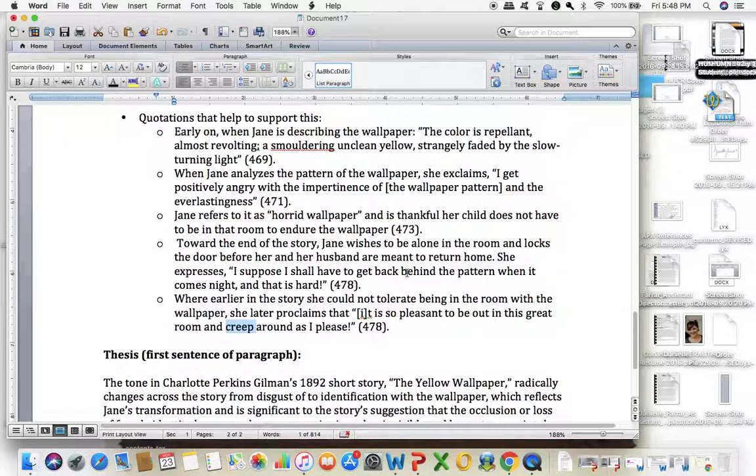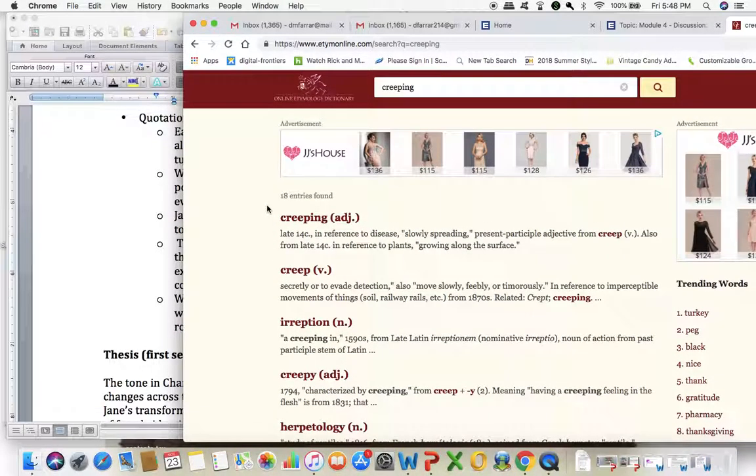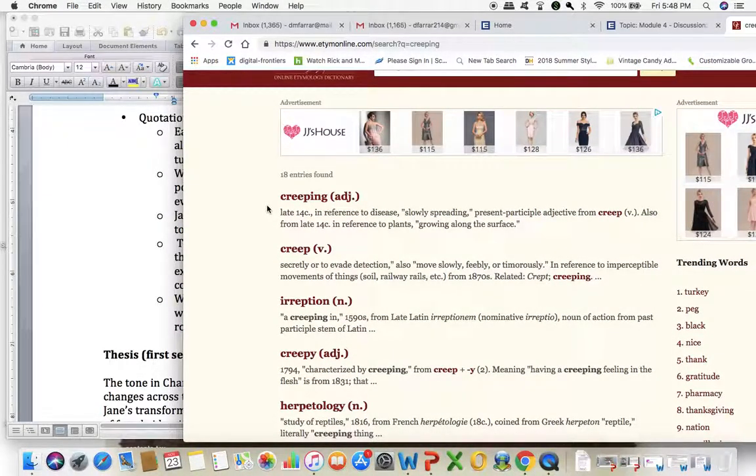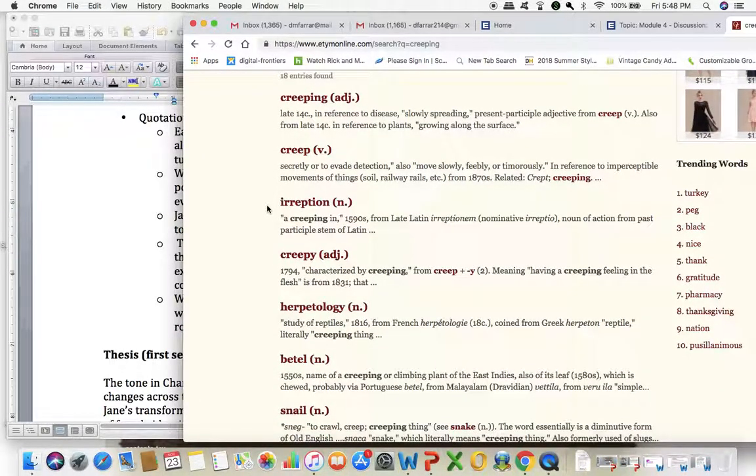I could also talk about the word creep in terms of style, because diction is part of style. But the word creep itself, and I actually looked at the etymology of creep, and always look at etymology, which is the history of a word, is oftentimes helpful because it can help extend your argument.